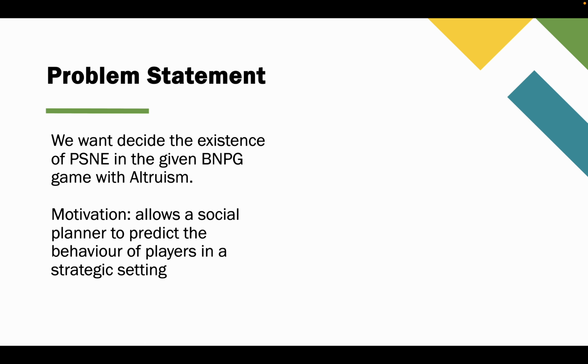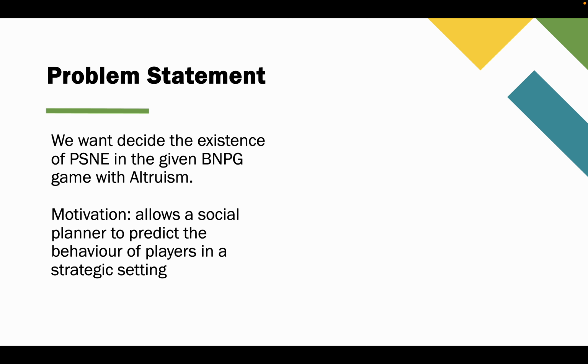The problem statement that we'll be focusing on is to decide the existence of PSNE in a given BNPG game with altruism. One motivation can be that the social planner can use this to predict the behaviors of players in the strategic setting.